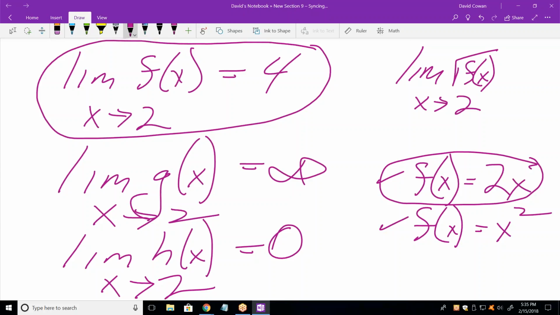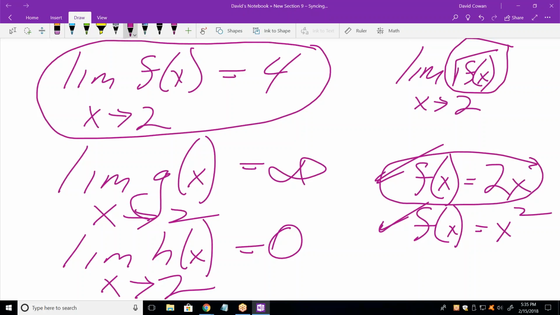As x approaches 2 from the right, no, the limit would still be 4 either way. So that could certainly be f of x. And that could be f of x. Okay. So, how do we know which f of x it is?